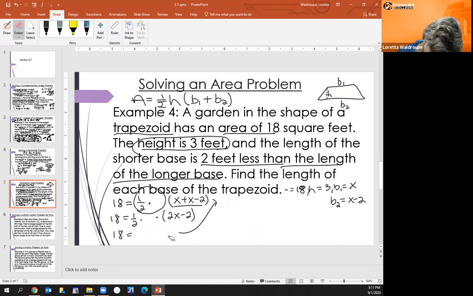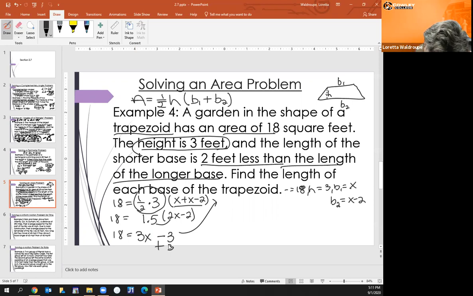So my height is 3. And 1/2 times 3 is 1.5. Distributing my 1.5, 1.5 times 2 gives me 3x minus 3.